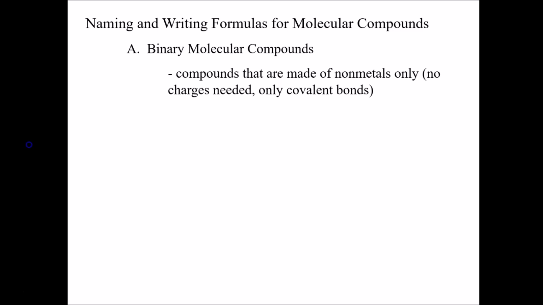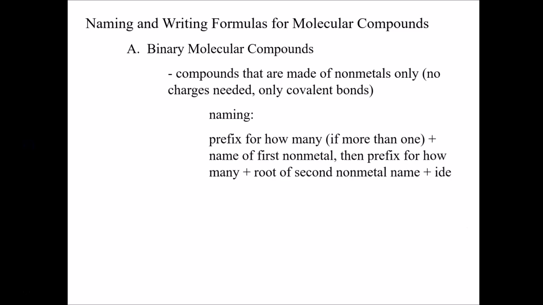These aren't ions. So for the naming of these, there's still going to be two names. The first name is just the name of the nonmetal. Okay, so whatever the first nonmetal is, whatever its name is on the periodic table, that's its name. You may have to add a prefix for how many there are if there's more than one, and I'll show you the prefixes in just a minute.